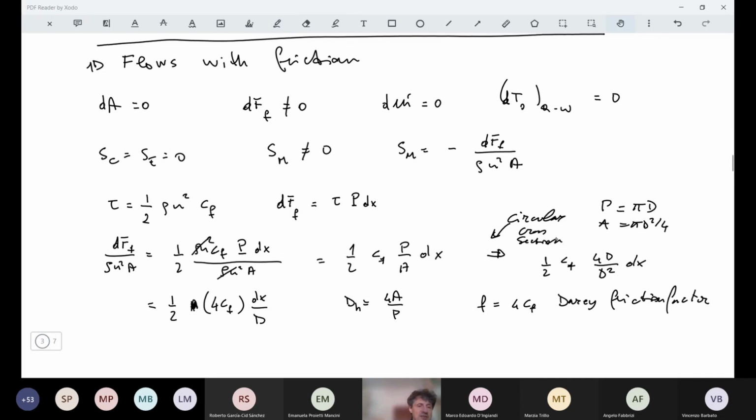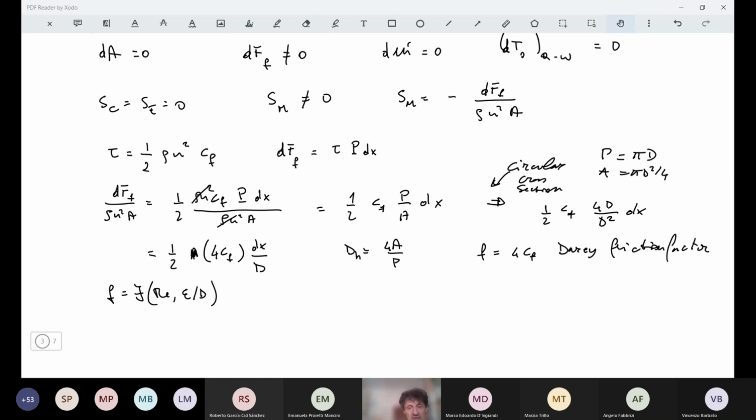And this one is the one you find on the Moody diagram. It's a function of the Reynolds number and of the relative roughness. Or you can find formulas like the Colebrook formula for the expression of this F as a function of Reynolds number and relative roughness. So at the end, we have that our SM is minus 1/2 F dx over dH.